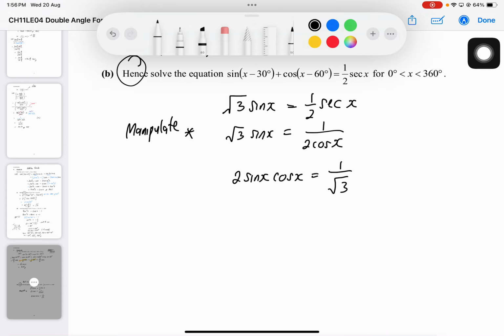And you will notice that this is the same as sine 2x. This is your double angle formula. Okay, 2 sine x cos x is sine 2x, the double angle. Root 3, yes, Michael, thanks. I saw your confused face.